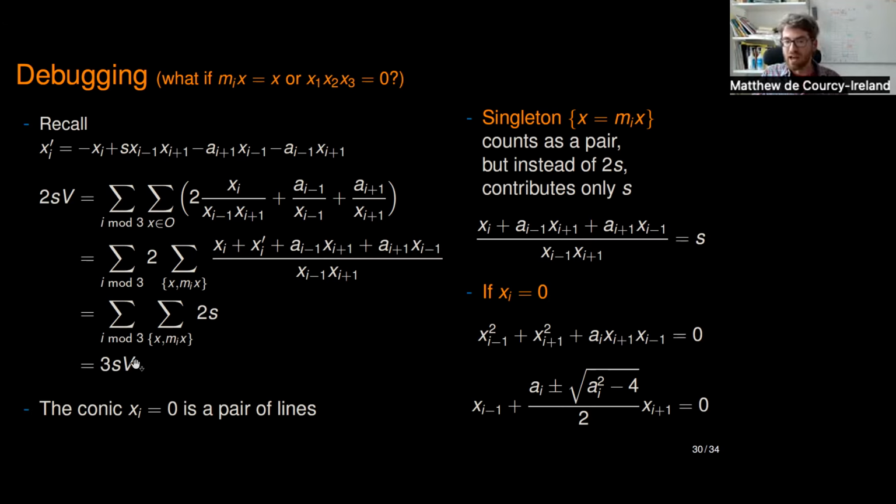In particular, it doesn't matter whether v is even or odd, and there's still v over 2 pairs if you interpret singletons correctly. The reason we assume AI squared minus 4 is a non-residue is because I still don't know how to deal with the possibility that some coordinates could vanish.